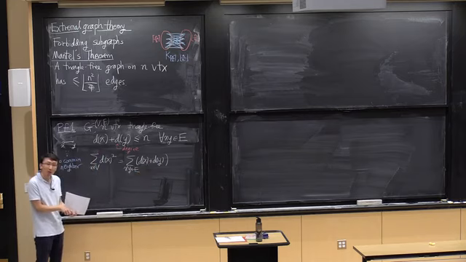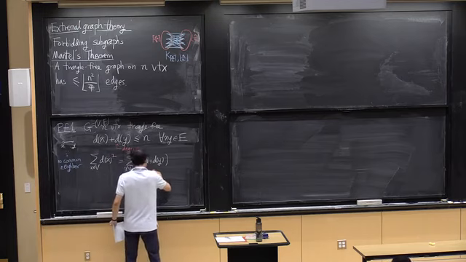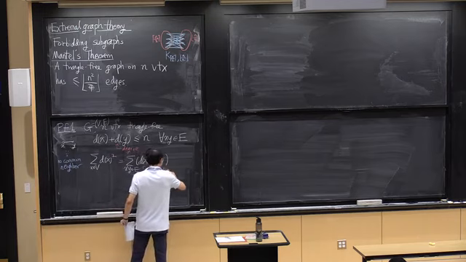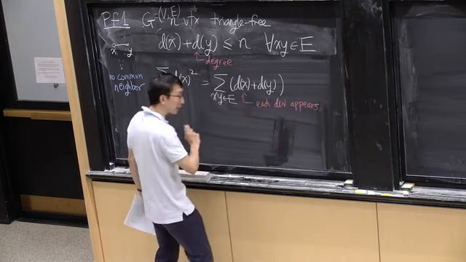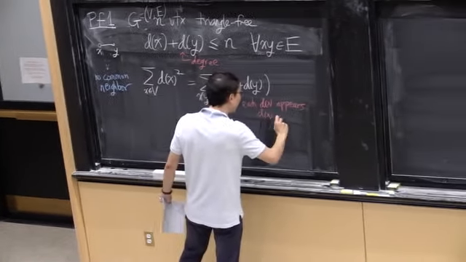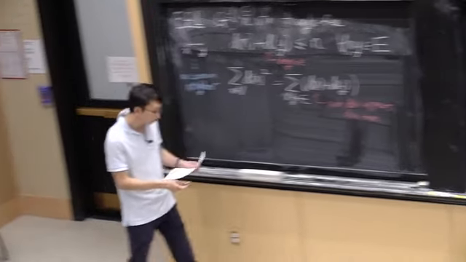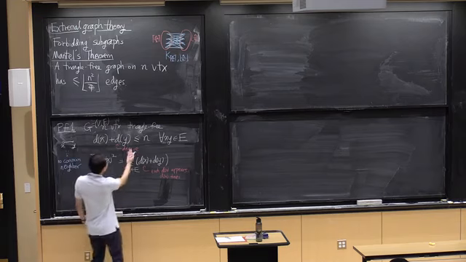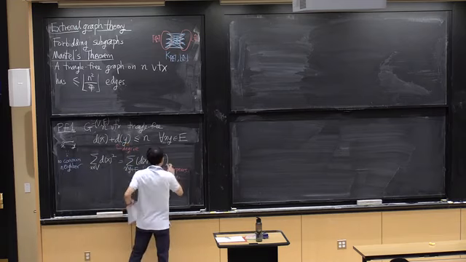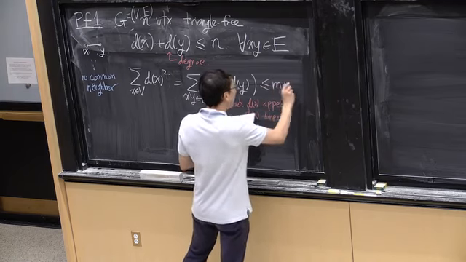How many times does each dx come up? Each dx appears once for each edge x is in, so it appears exactly dx times. But we saw from up here that each summand is at most n, so this sum here is at most mn.